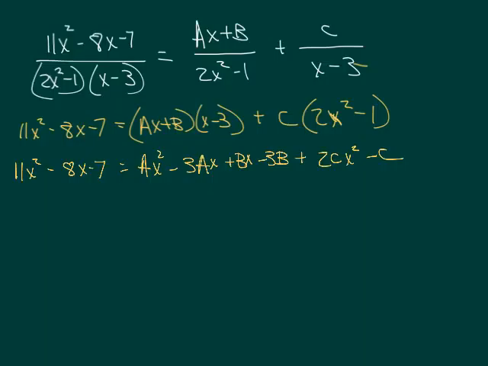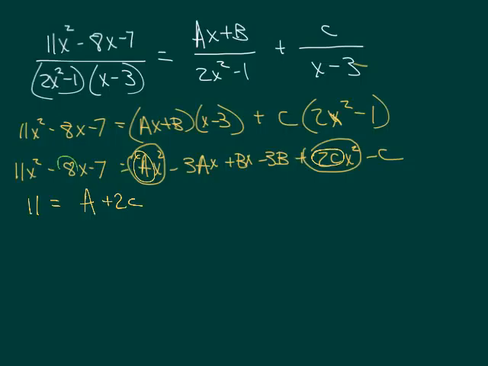Okay. Now again, I'm going to look and I'm going to compare. This 11x squared is going to be this and this put together. So this here and this here is going to give me my 11x squared. So I'm going to say that 11 then has got to be equal to a, this a right here, plus 2c. Okay, let's try another color here.